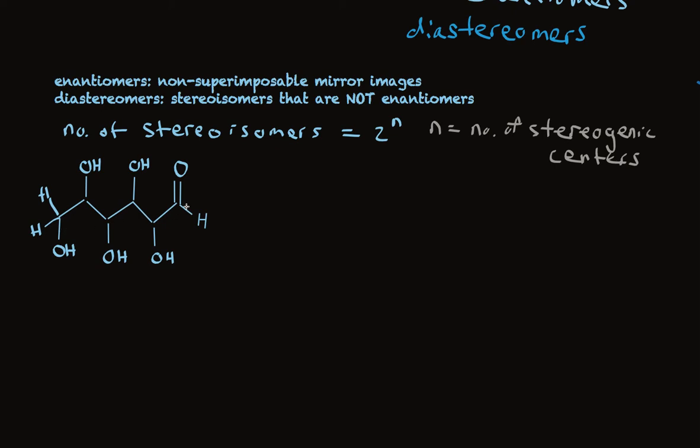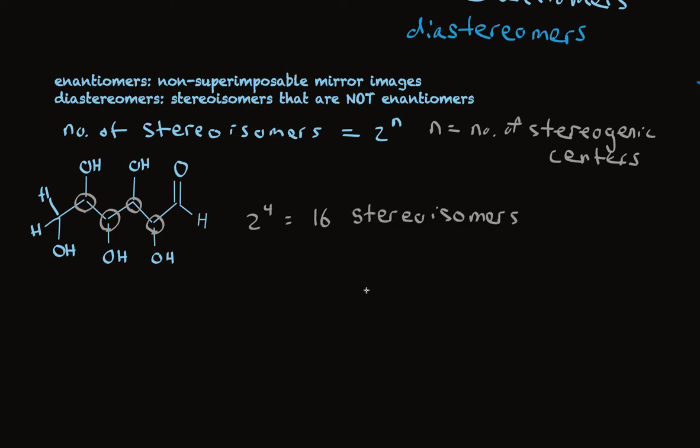And there are only 3 things attached to this carbon, so this is not a stereogenic center. Each of these carbons has 4 different things attached. So each is a stereogenic center, and the number of stereoisomers is 2 to the 4 equals 16 possible stereoisomers.